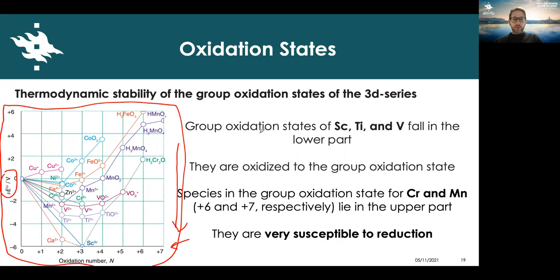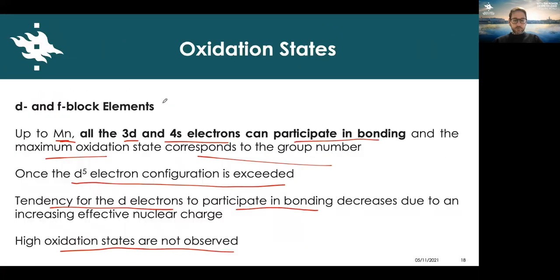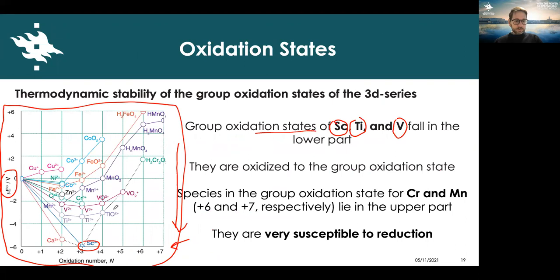We can see that the group oxidation states for scandium, titanium, and vanadium fall in the lower part of the diagram, below zero, which means they are negative and therefore stable. The group oxidation numbers are +3 for scandium, +4 for titanium, and +5 for vanadium.